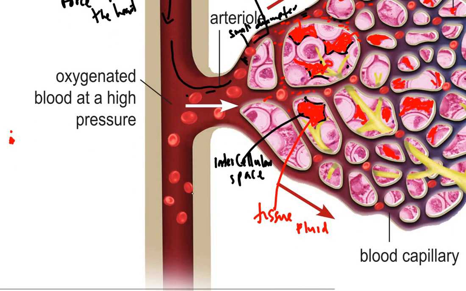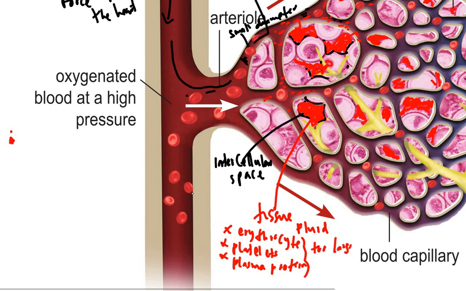But for tissue fluid now, it does not have erythrocyte, no platelet, no plasma protein, because these three are too large to diffuse from the blood capillaries into the intercellular space. So tissue fluid just has lymphocyte.